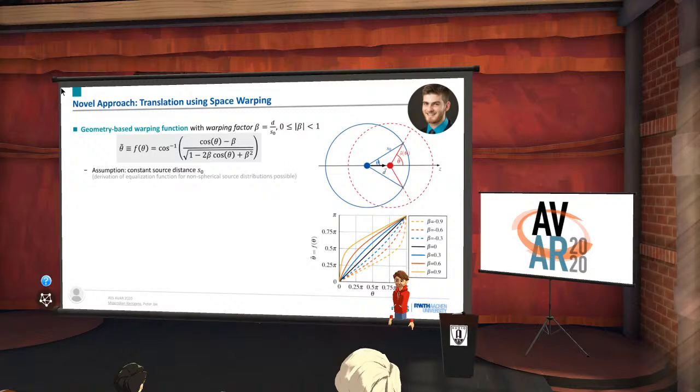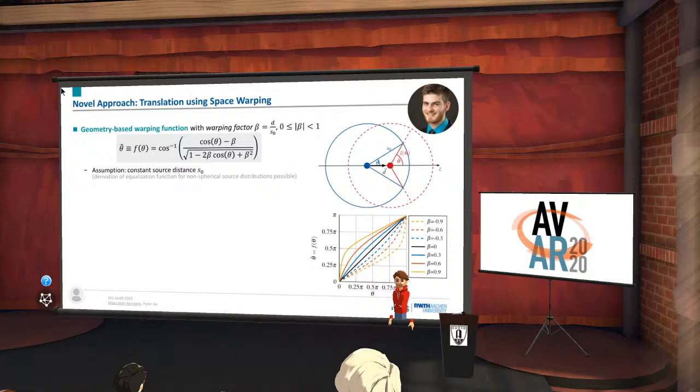And if you now move along the displacement vector d, then you arrive at the red dot, and the angle theta changes to theta tilde. And the formula that you see there is nothing else than the geometry, where we introduce the warping factor beta, which is the ratio between the displacement and the source distance, so that beta equal to 0 means we are not moving at all, and if beta is close to 1, we're very close to the sources.